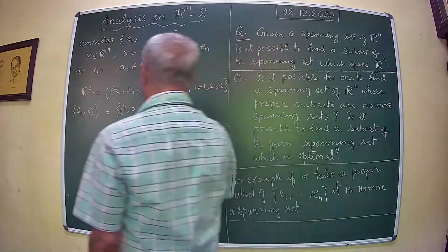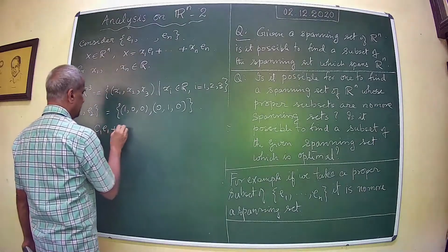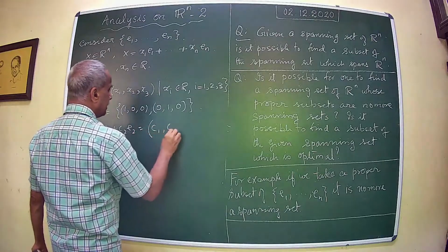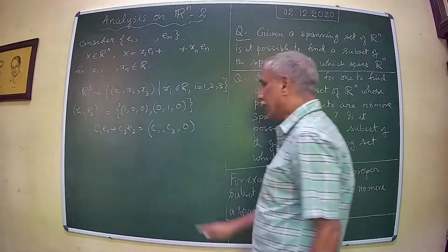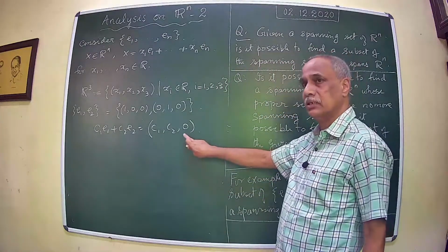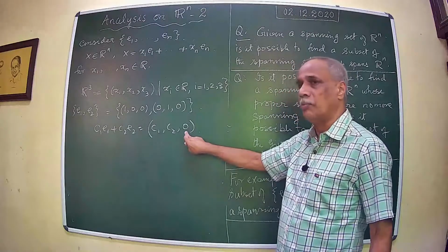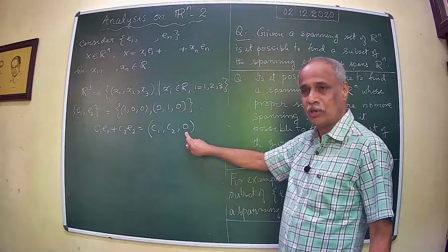What about the linear combination of this? C1 E1 plus C2 E2 equals (C1, C2, 0). So what happens? You reach only up to vectors whose third component is 0. So it's only a part of it.